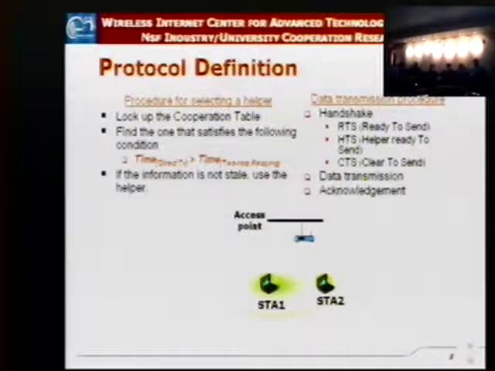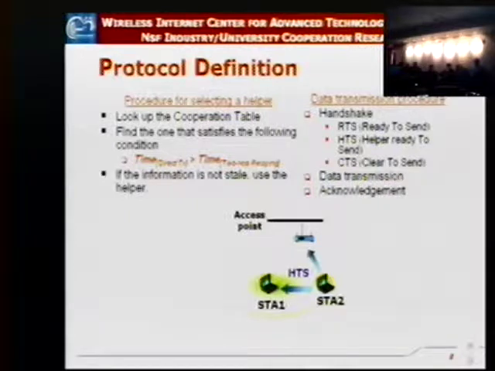After it decides to use a specific helper, station 1 transmits an RTS packet which now contains the MAC address of the receiver plus the MAC address of the helper. So both the receiver and the helper are informed of the intention of station 1 to use station 2 as a helper in order to transmit a packet to the access point.